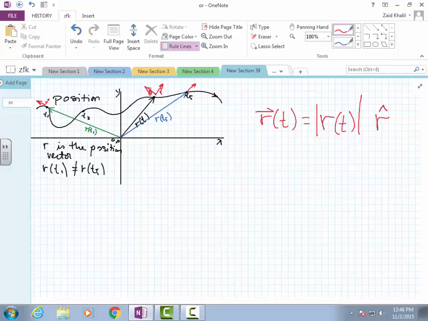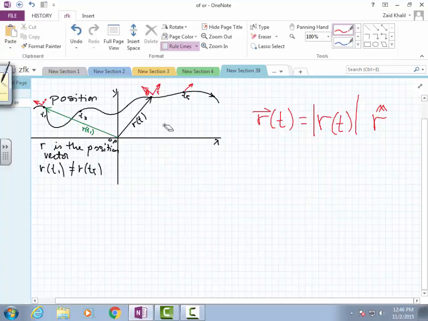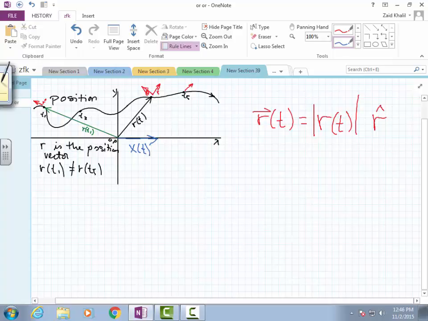But what can we do with this? We can transform this into Cartesian coordinates. How would we do that? Well, you take r of t and you break it up into its vectors. What are the two components of this? x of t and y of t.